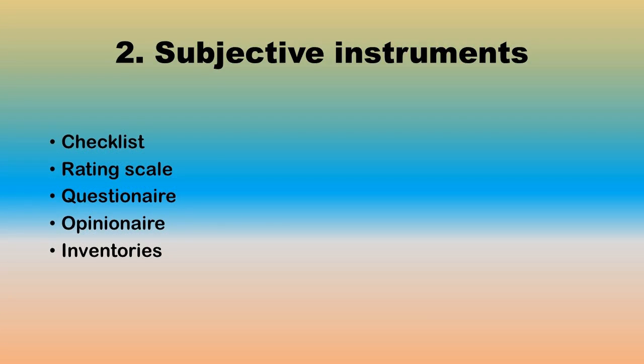Second one, subjective instruments. It is mostly used to measure opinion or perceptions of the students, such as checklist, rating scale, questionnaire, opinionaire, and inventories.